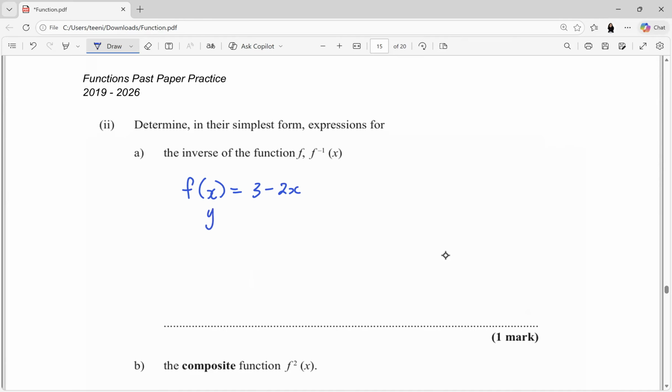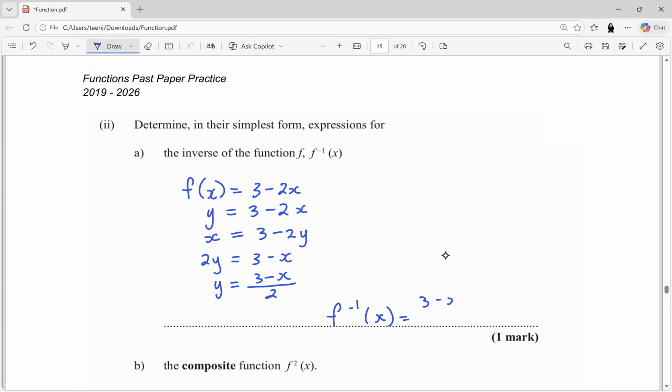So that would be y is equal to 3 minus 2x. Then we interchange x and y, so x will be equal to 3 minus 2y. And then you make y the subject. So 2y is equal to 3 minus x, and therefore y is 3 minus x divided by 2. So f inverse x is 3 minus x divided by 2.